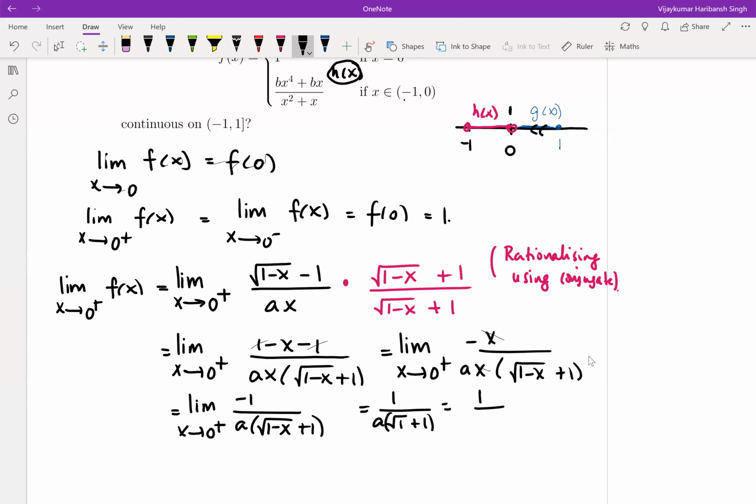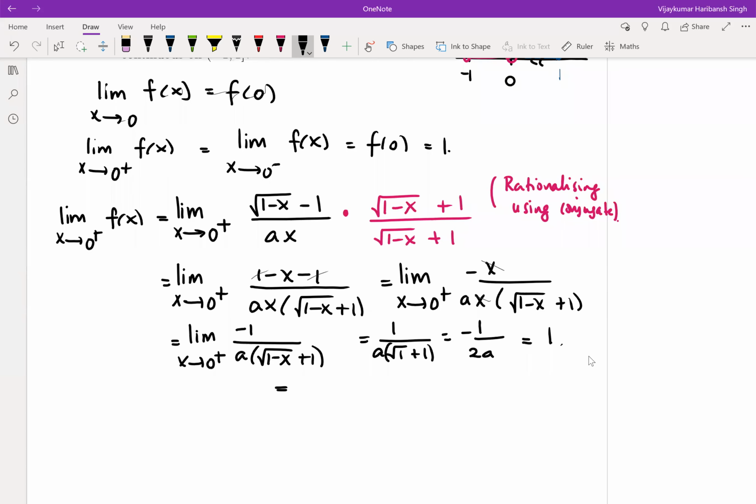And that should have been equal to f of 0, which is 1. So from there, you get what? a should be minus 1 over 2, right? You multiply this a on the other side.